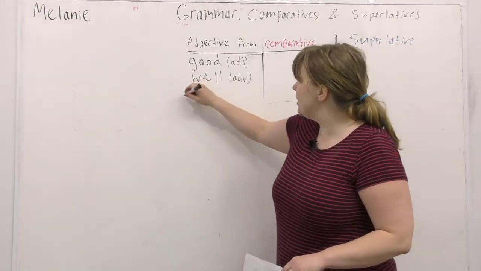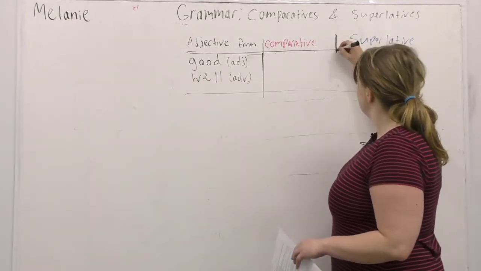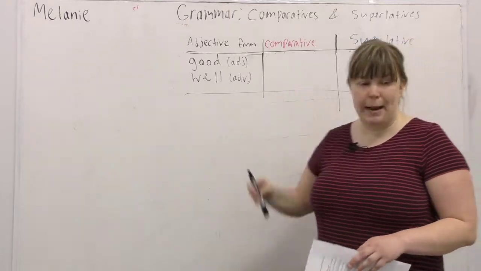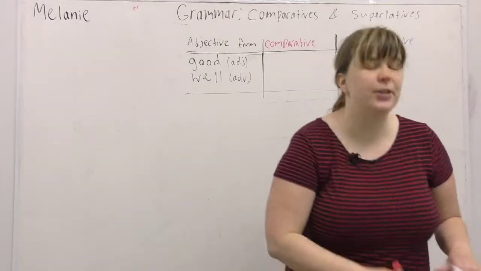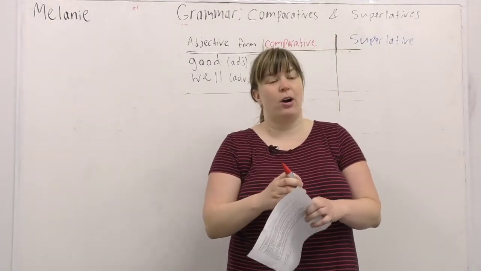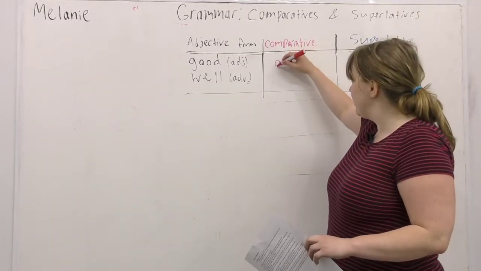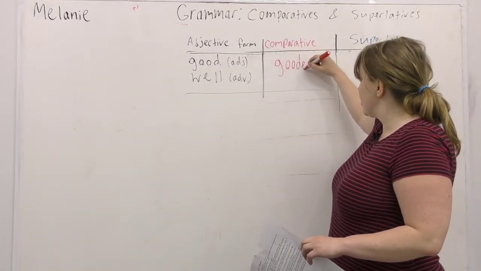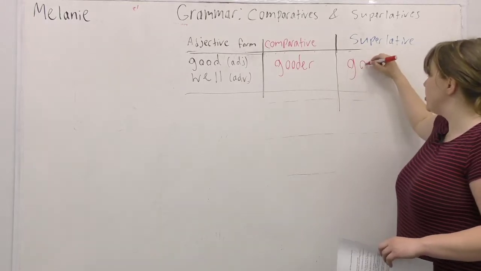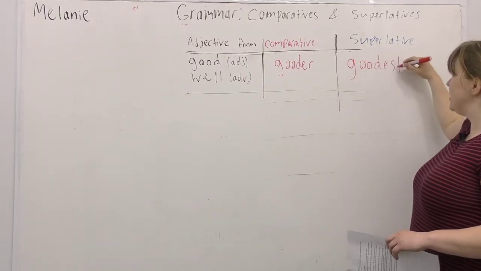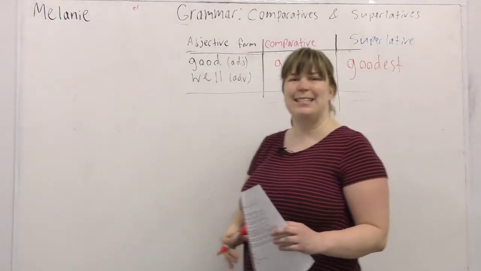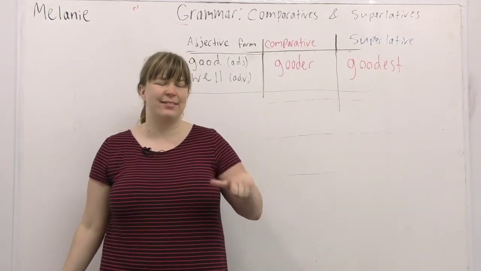Okay, so when we're doing comparative, I know we are doing a lot of plus ER, so do you think this is correct? And then superlative, good, gooder, goodest. Do you think this is correct?